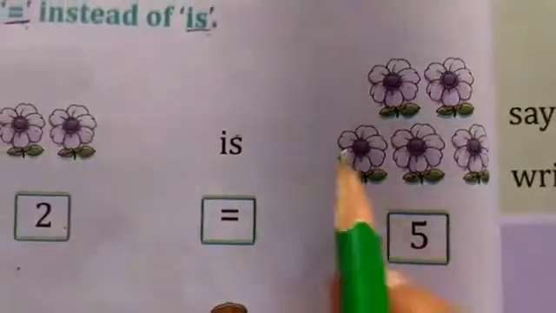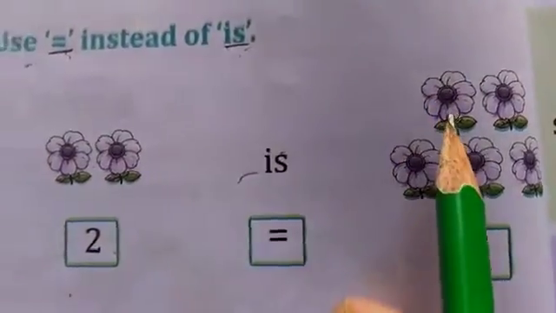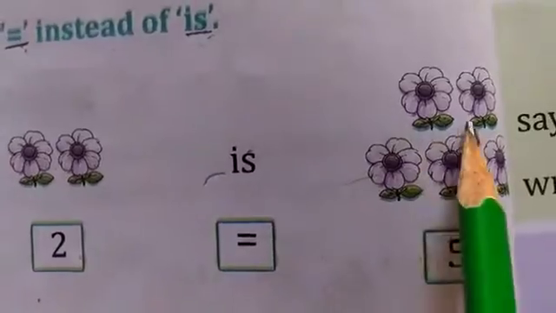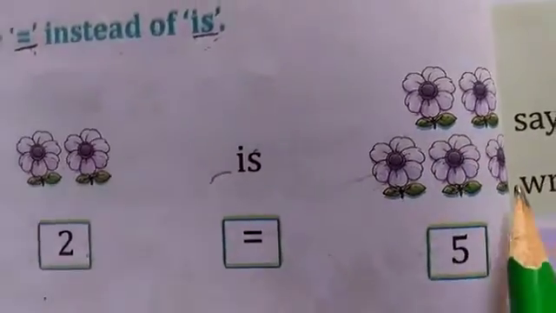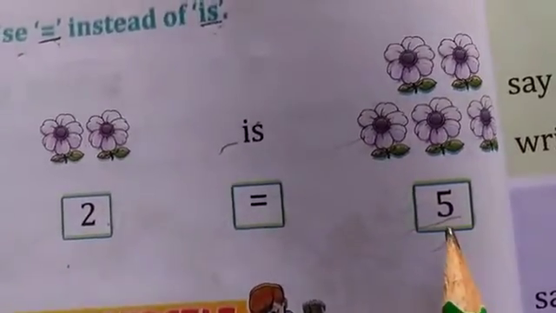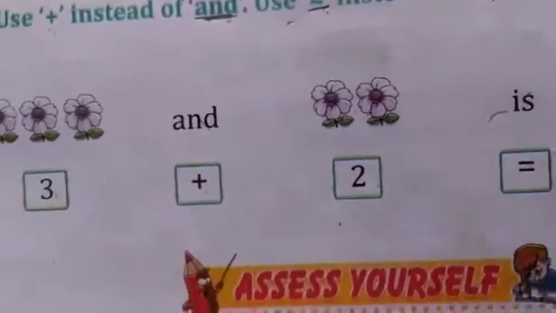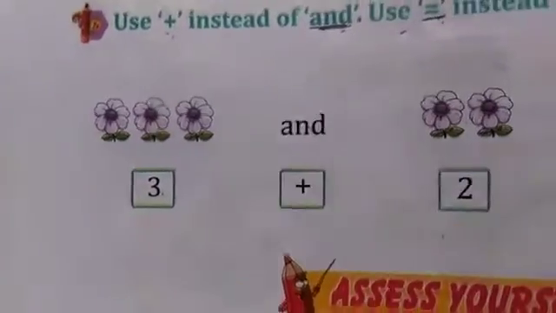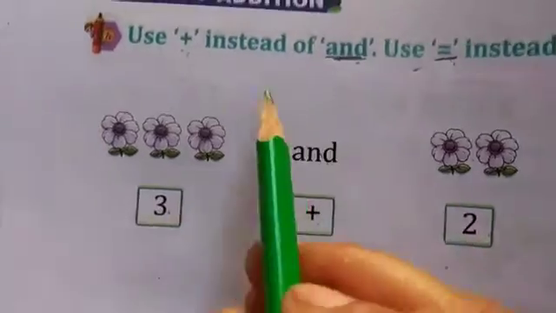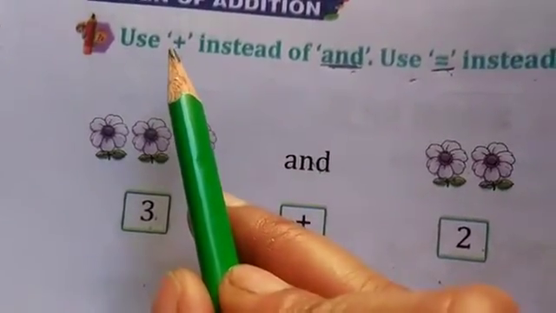Then we count all the flowers. These are 3 and 2: 1, 2, 3, 4, 5. So the answer is 5. This is the method of addition and writing the addition sign.